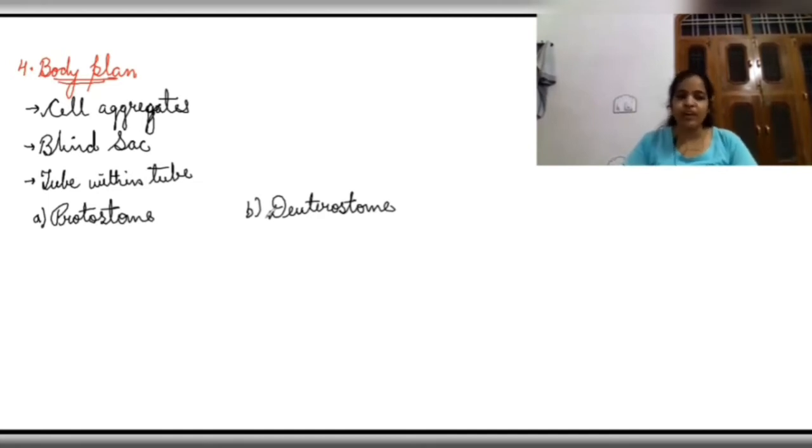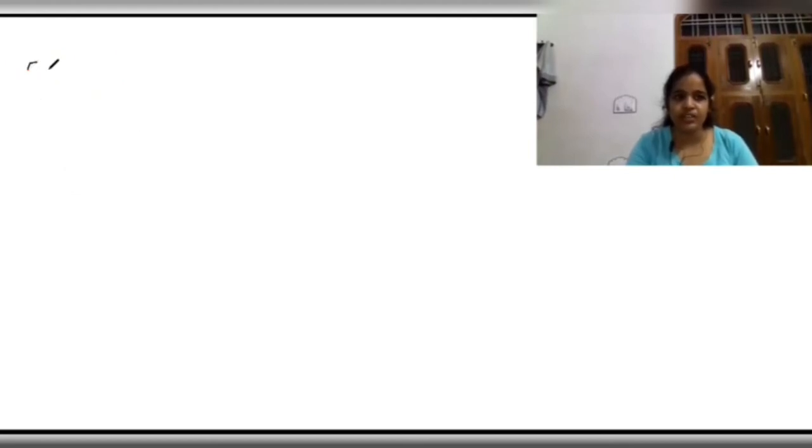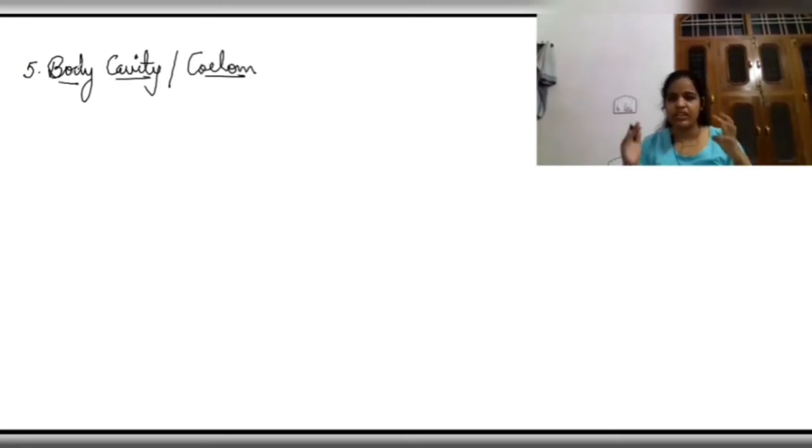Next we have is body cavity or coelom. So number 5 is body cavity. Terminologies are definitely important, guys. Coelom. But you won't have to learn anything for these terminologies. Just get the things clear in your mind and that's enough for you.